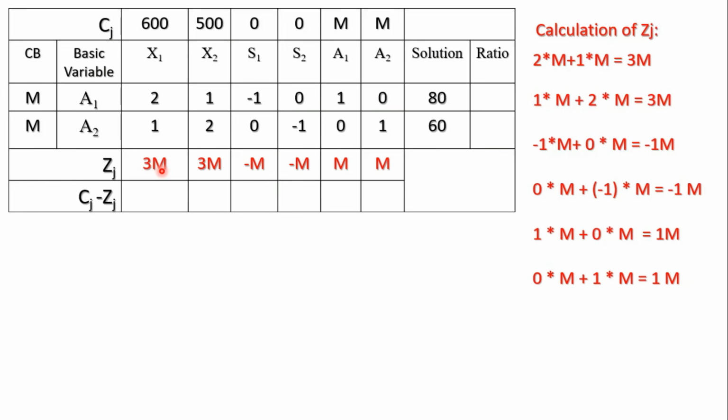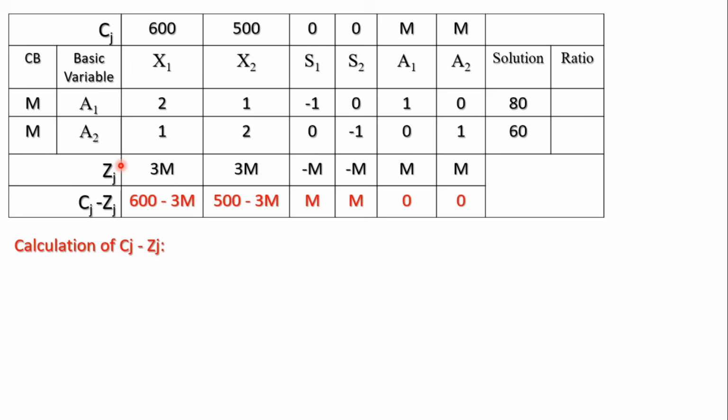In the same way, for x2, M into 1 plus M into 2 is 3M. In the same way, we calculate Zj for all the variables. Next we calculate Cj minus Zj. Cj is 600 minus Zj is 3M. This is how we calculate Cj minus Zj.